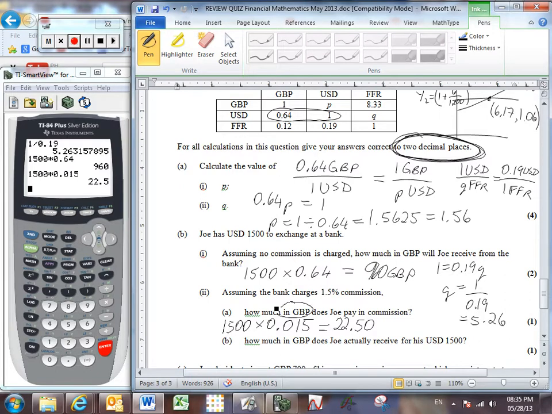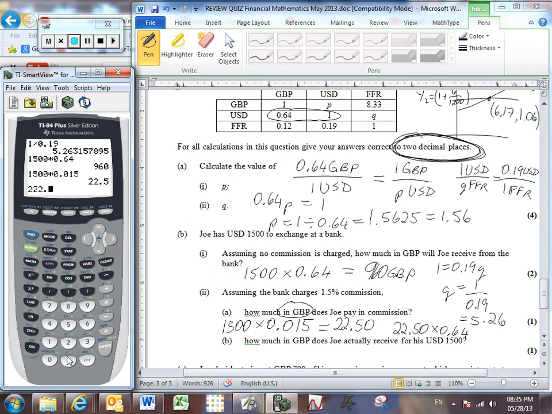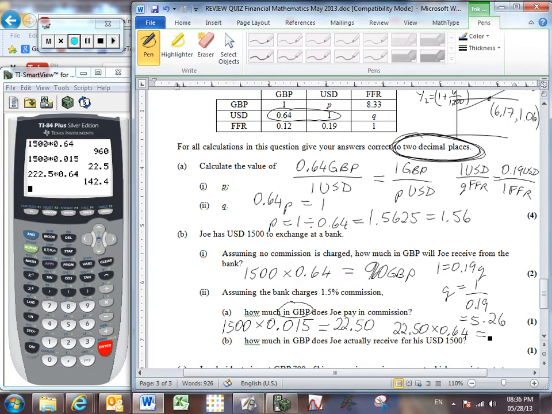But they want us now to convert it into British pounds. So let's take our 22.5 and do we want to multiply it by 0.64 or divide? Well, remember, we're converting dollars into British pounds. We're expecting to end up with a smaller amount. You'll find that you need to multiply. So 22.50 multiplied by 0.64 yields a final solution of, oh, that can't be right.